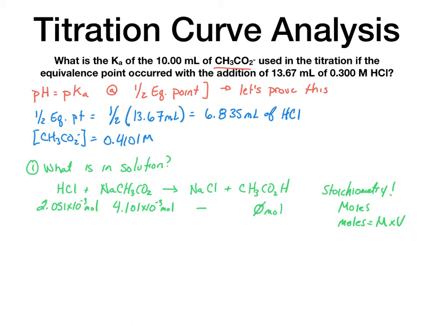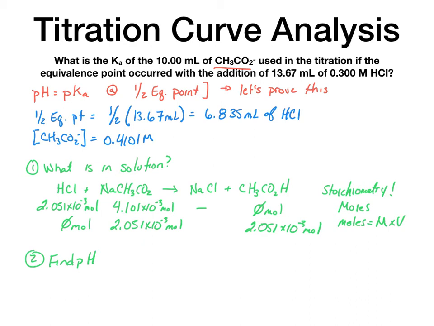Since this is all 1-to-1, we know that the HCl is the limiting reagent, and so there's now no HCl left, and I get 2.051 times 10 to the minus 3 moles of acetate left over, and that makes 2.051 times 10 to the minus 3 moles of acetic acid. And so now we would find the pH.